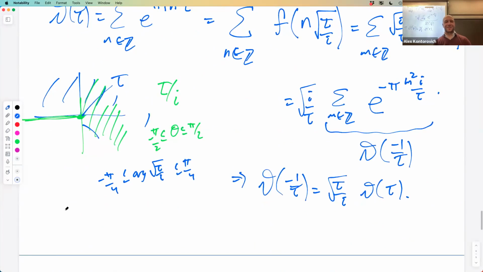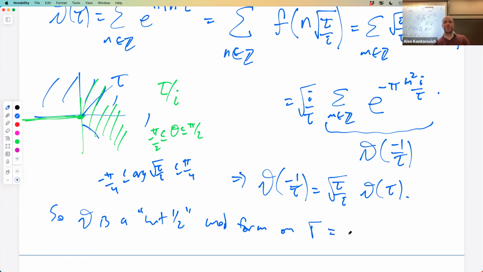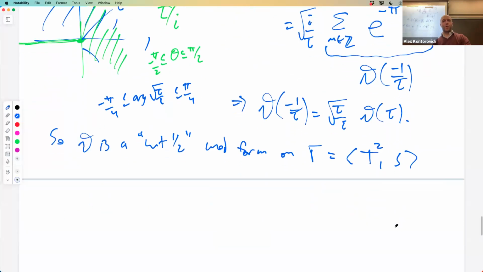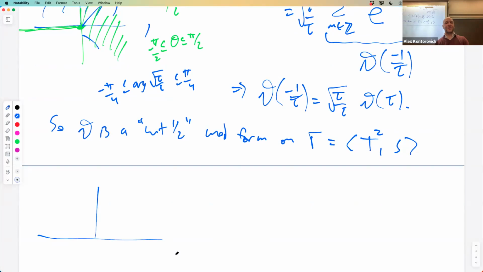So theta is a weight 1/2 modular form. To do this properly, we have to make sense of what that means, on the group gamma, which is generated not by T and S, that would make us all of SL2Z or PSL2Z, but by T squared and S. T squared is translation not by 1, but by 2. What's a fundamental domain for that action?